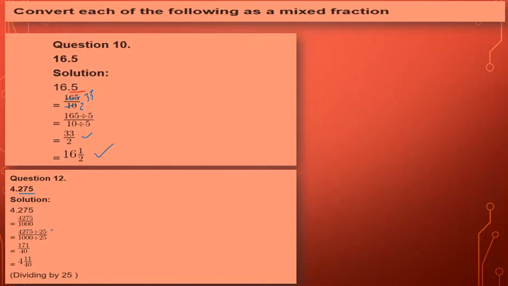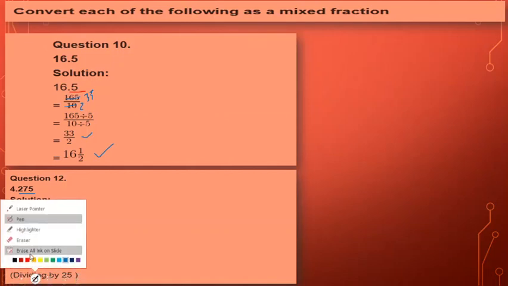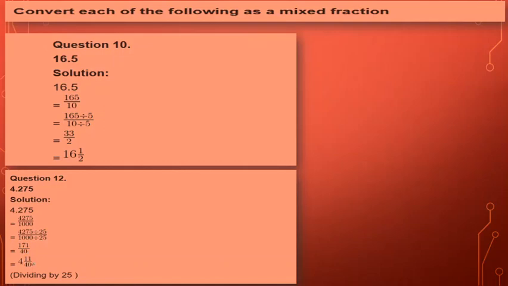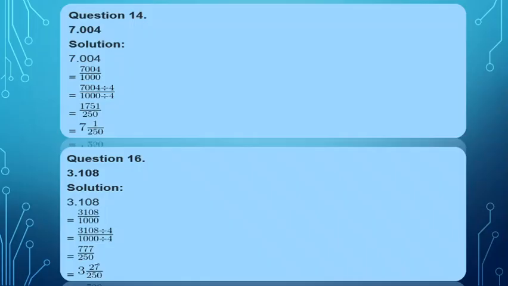We have to write 4275 upon 1000, and then both numbers will be cut by 25. So we divide by 25, then we get 171 upon 40. And after that we have to convert it into a mixed fraction. 4 11 upon 40 is our final answer.